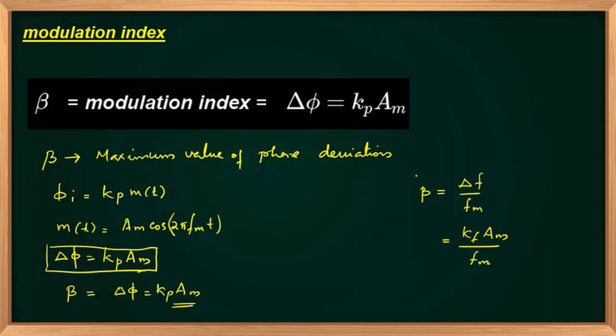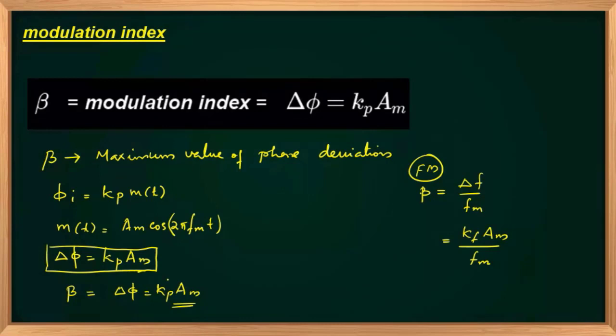So in the case of FM, modulation index depends on the amplitude of the modulating signal as well as its frequency. But in the case of PM, the modulation index is independent of the frequency of the modulating signal. That is the only difference between the modulation index of FM and PM.